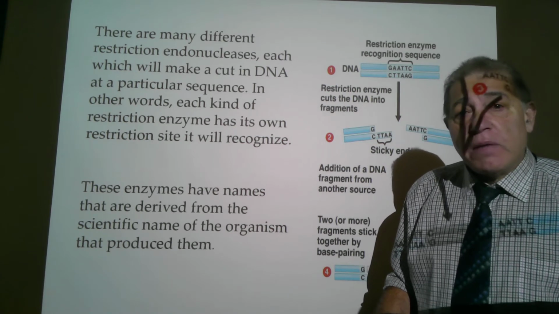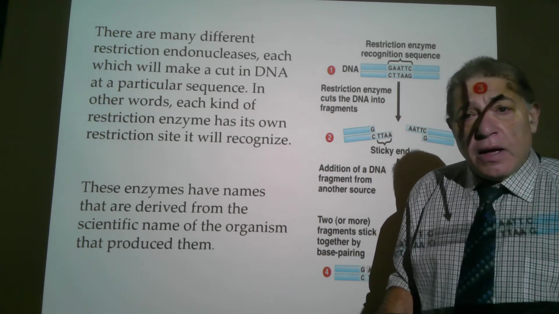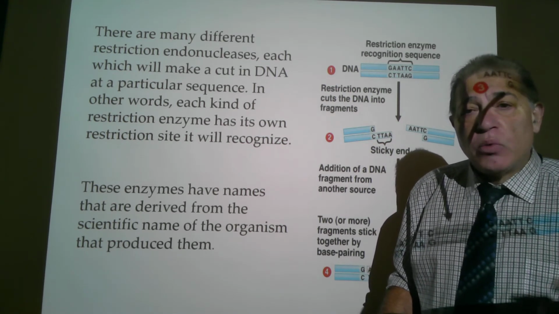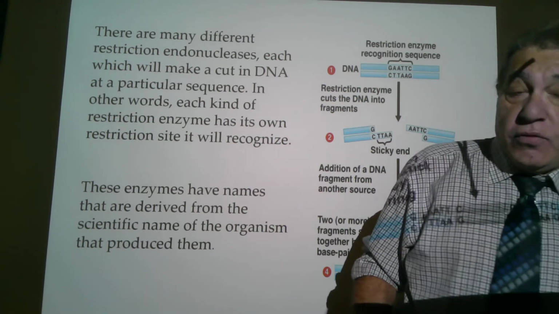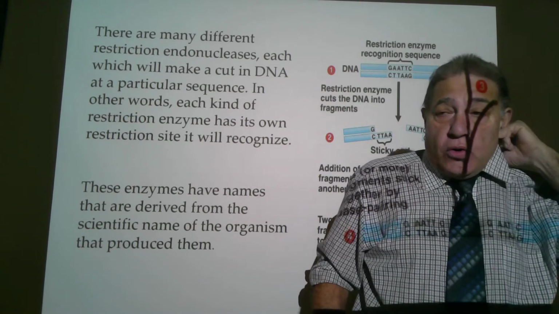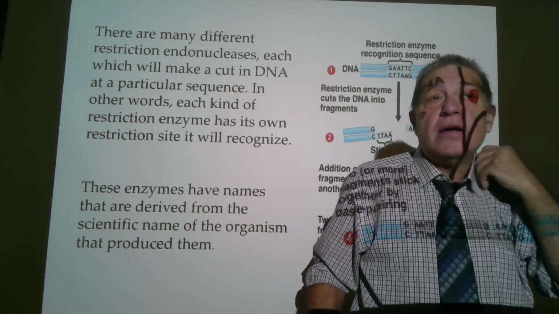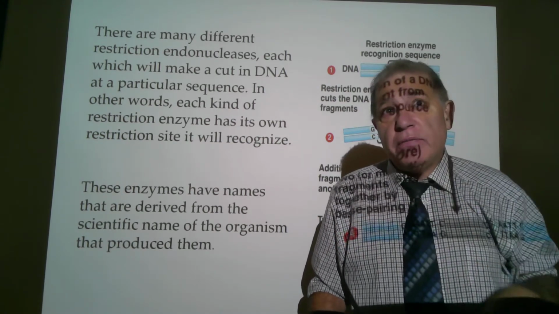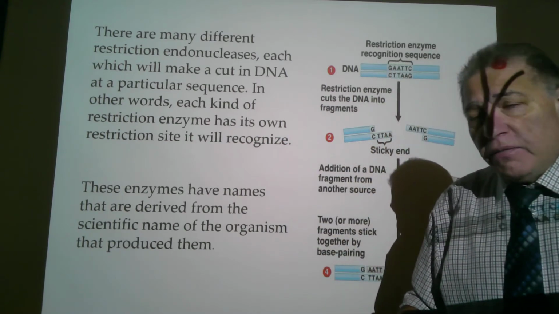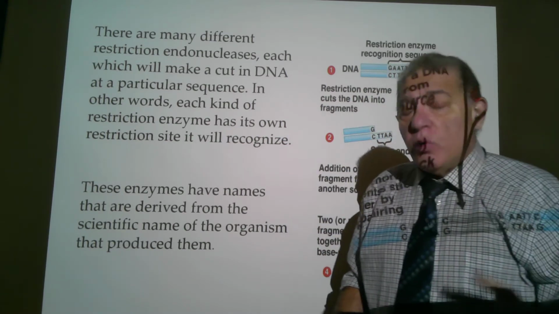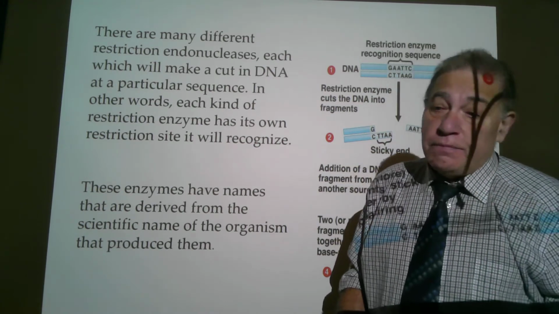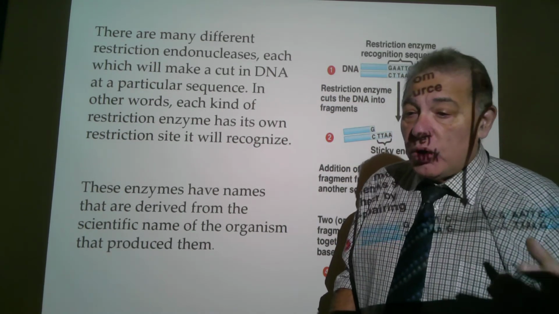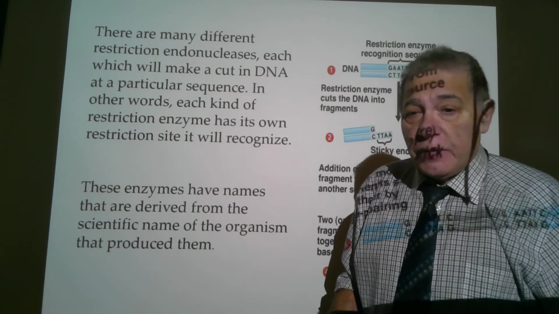So they make restriction enzymes that will cut DNA that is not in their own genome, right? The reason is that if it's an invading piece of material or an invading organism, it will have a different DNA sequence than theirs, and they make restriction enzymes that will cut foreign DNA.